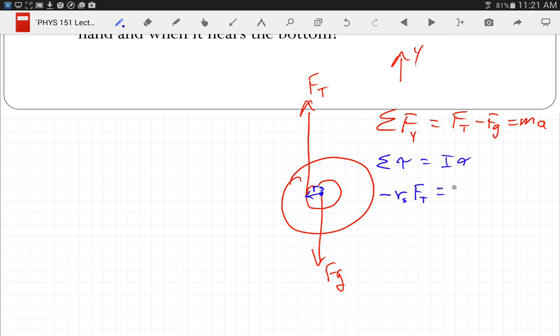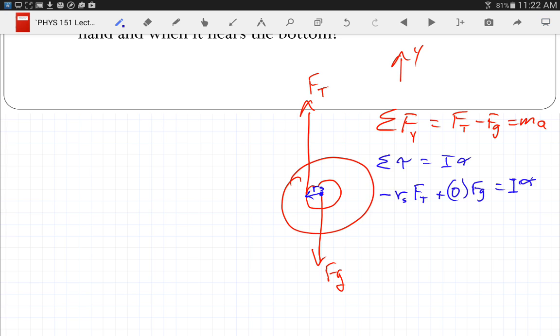And if I'm summing about this point, I'd have, technically, plus 0 times the force of gravity, is equal to I alpha. Now I have two equations, and my unknowns are now 3. Alpha, acceleration, and force of tension. I need one more equation because you have to have the same number of equations as you have variables.